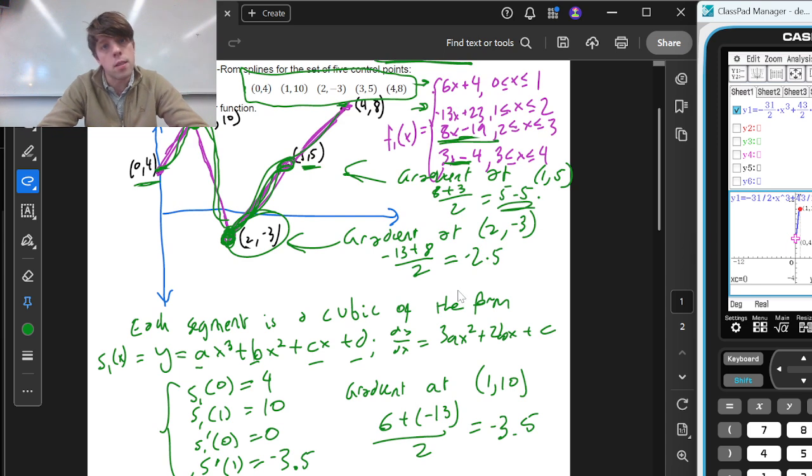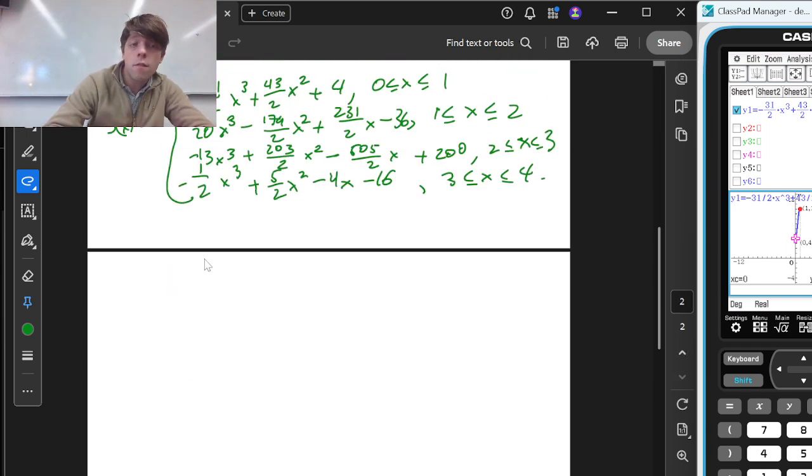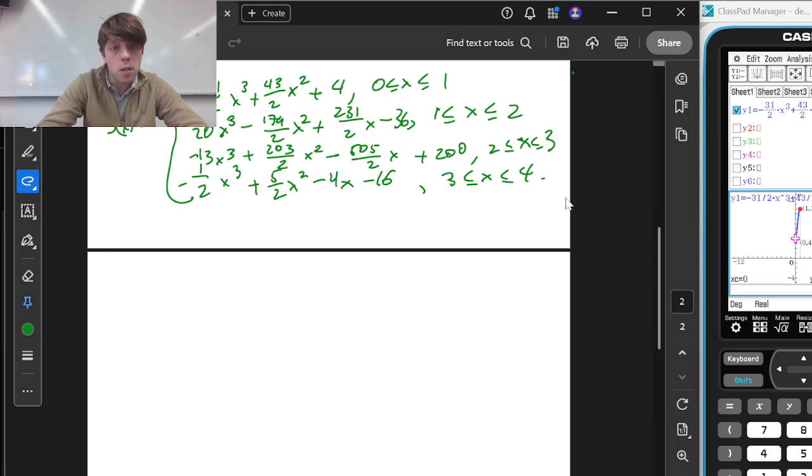And then step 3 is to just solve using your knowledge of simultaneous equations: define a cubic, sub in the points, sub in the gradients at those points, because you need 4 pieces of information in order to find the 4 variables in a cubic equation, and then that will give you each of the equations. And then finally, you need to define it using function notation, just like I did here, specifying the domain over which each of those equations are being applied.